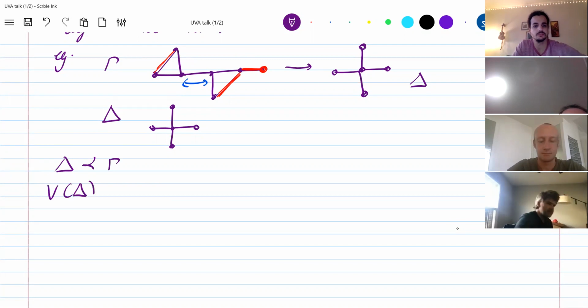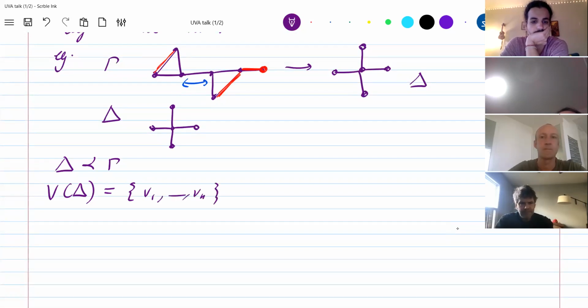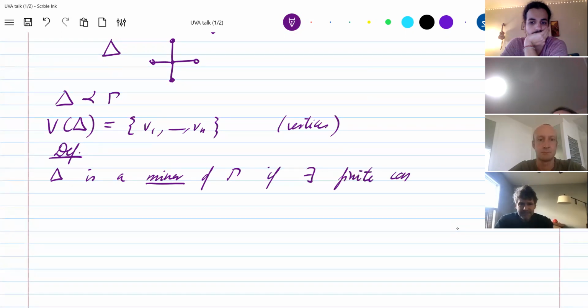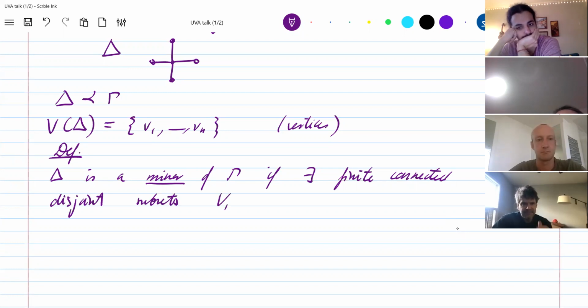So if the vertex set of delta is v1 up to vn, these are the vertices, then, more formally, and also to introduce another definition, we can say that delta is a minor of gamma if we have some finite connected disjoint subsets which correspond to the vertex set of delta.